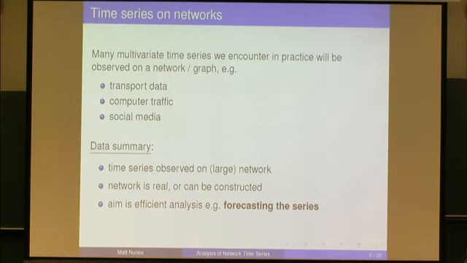Now, the examples that I'm going to use in this talk are examples of how you can construct a network on these time series in general. And it's trying to get a handle on the time series as a multivariate time series, but you know there's some added structure there that you want to try and use to help you in the analysis side of things.